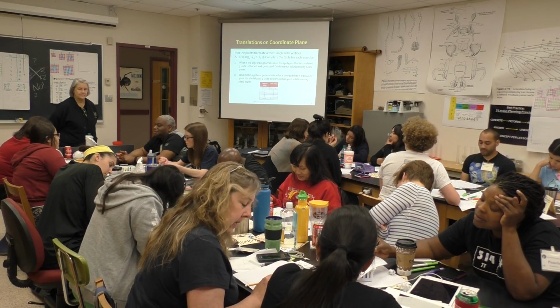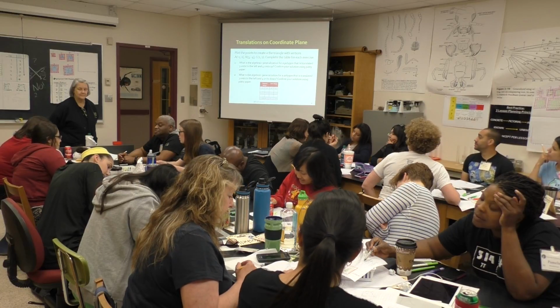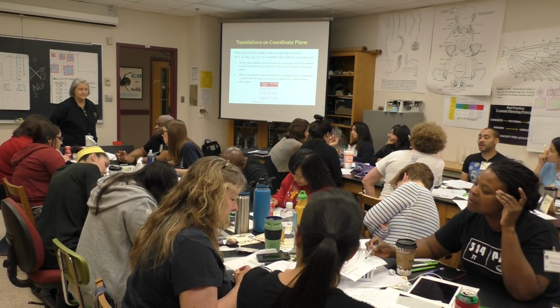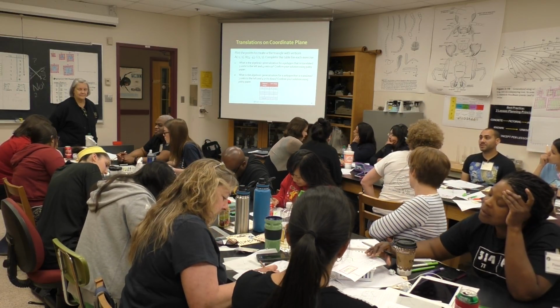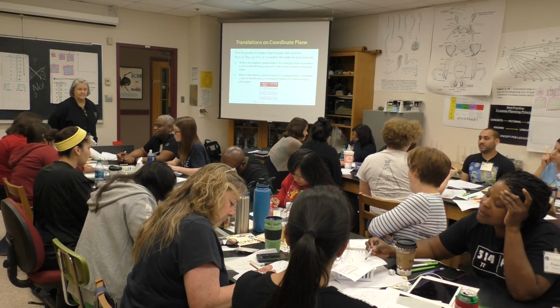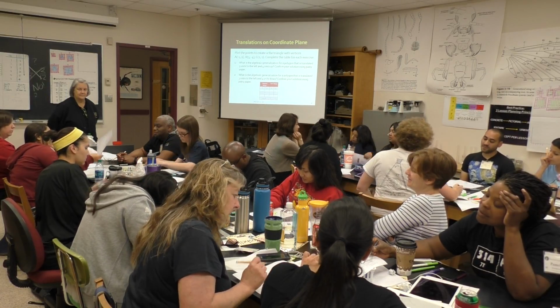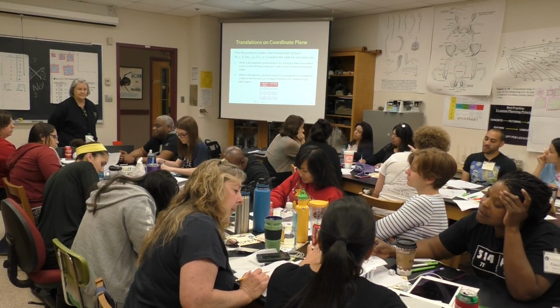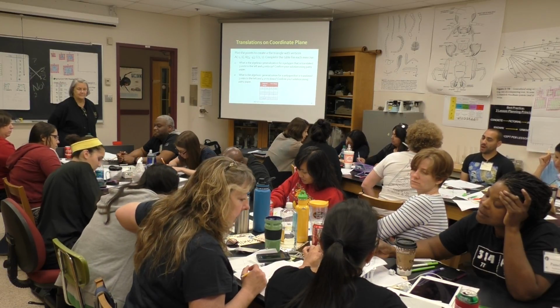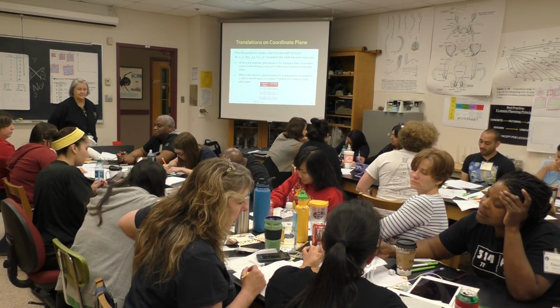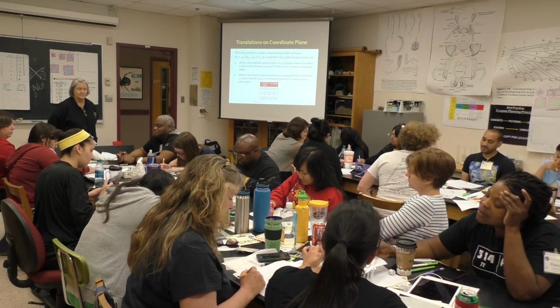I think 1 and 2 are the same. Well, 1 is to the left and up. Oh, that makes sense. So I'm going to predict, based on what I know, that the relationship is x minus 3 and y minus 4.